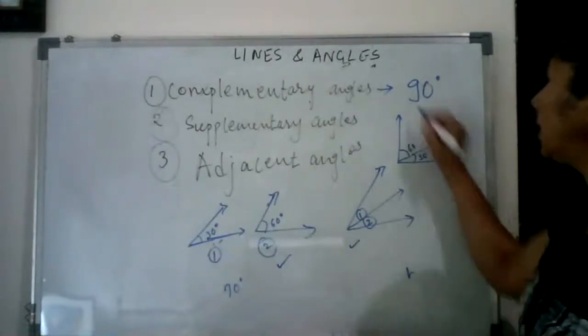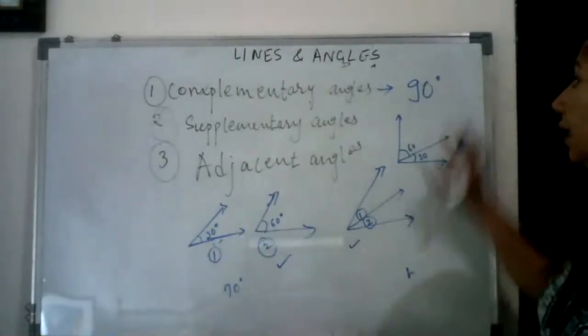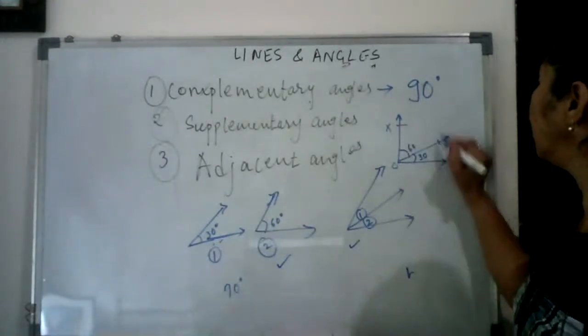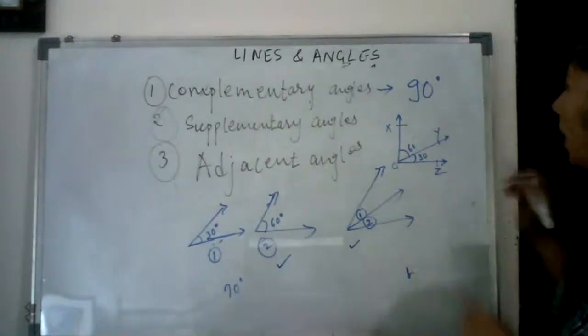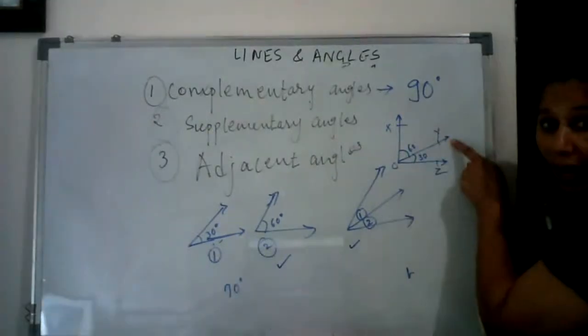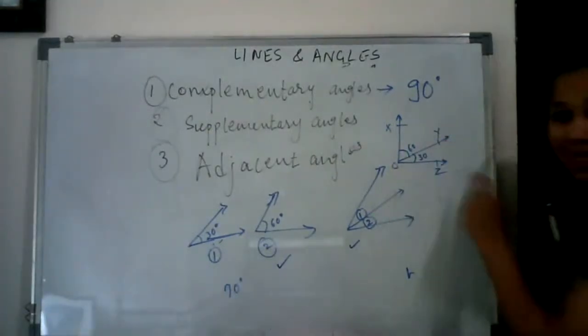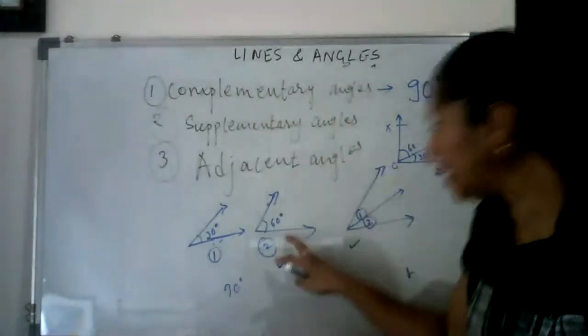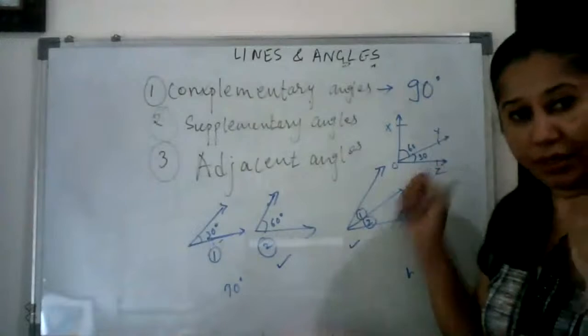Then also you could see yes, total is 90 degree. So these two angles, they name it as say x, y, z. Then I could say angle x, O1 and angle y, OZ are complementary angles. It could be separate, it could be joint.